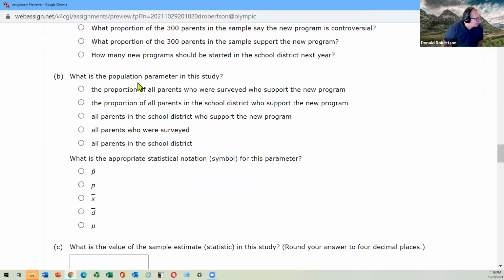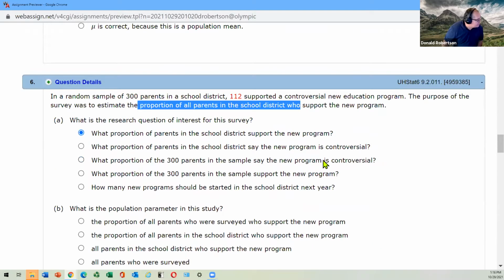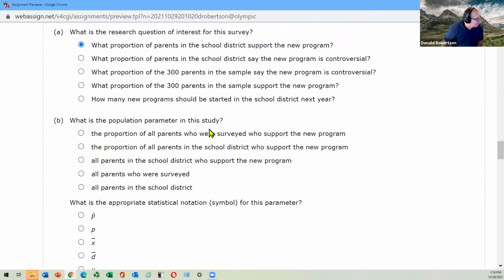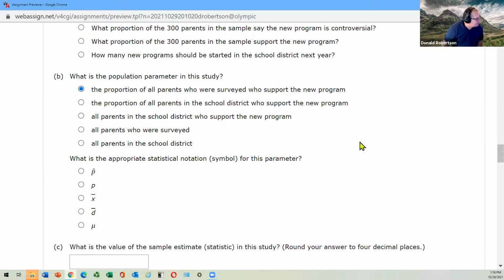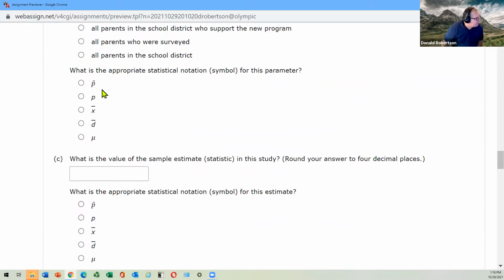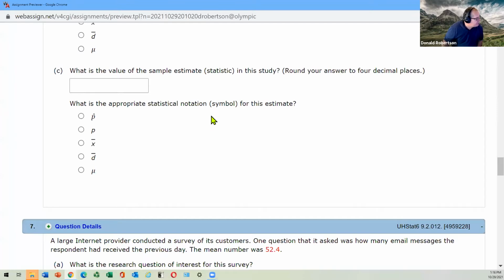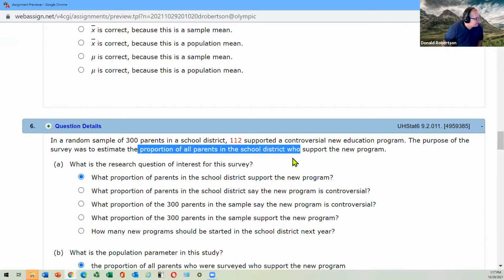Now, what is the population? What is the population? And it's that one. What is the appropriate statistic or notation for this parameter? P. What's the value of the sample estimate?